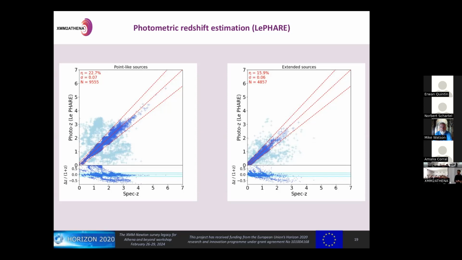They are flagged as extended, possibly extended, but maybe it's due to some defect, something wrong in the image, but not physical. So we have to go back to the secure sample, because I think it makes more sense than trying to put things in the extended class using those flags. Yeah.